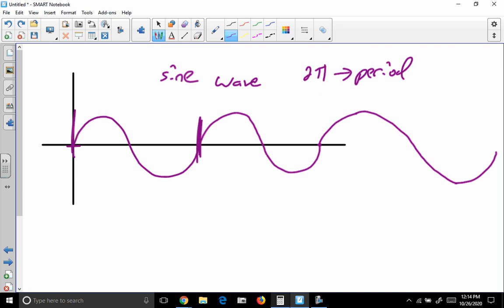The amplitude is the distance from the middle to the top, so we have an amplitude of 1. In this case, the middle we call equilibrium.